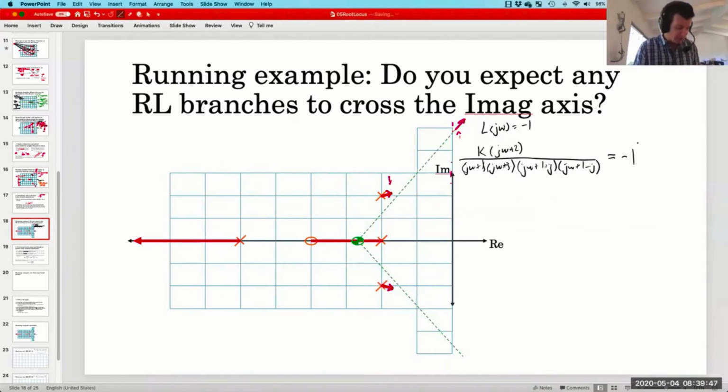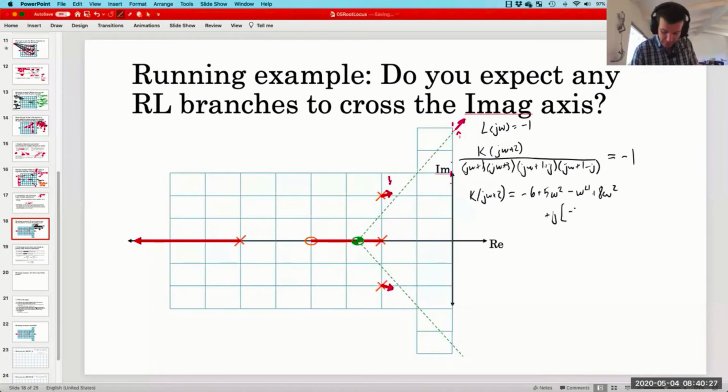In the meantime, I'm going to do a bunch of foiling, and you know what? Actually, I'm not going to force you to watch all this. I'm going to skip ahead to, if we get k times j omega plus 2 on the left, and on the right, we're going to get a bunch of terms, and there are going to be sums that are real, so -6 plus 5 omega squared, minus omega to the 4 plus 8 omega squared, and then plus j times the following.